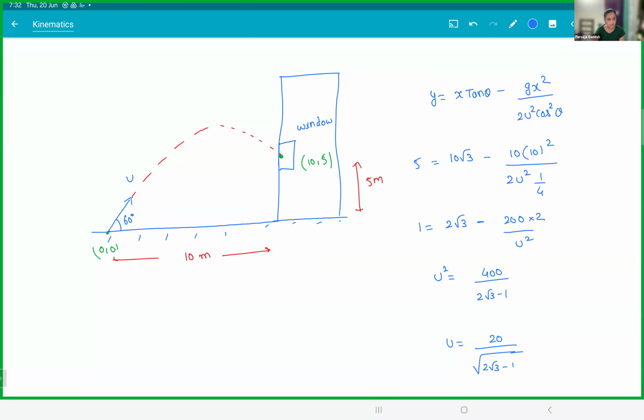Let me explain what it means. You can throw like this. You can throw like this. You can throw like this. So there are different ways you can throw with different angles. So this will be the area under the curve, agreed?